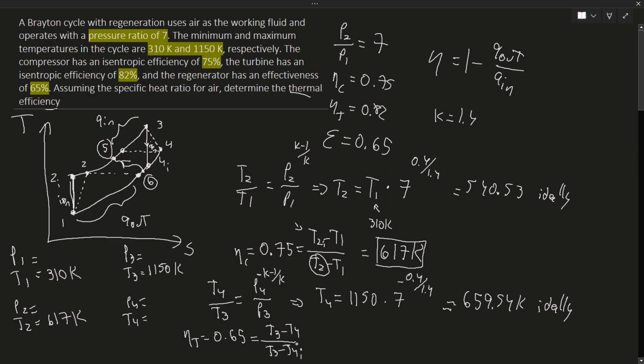We have T3 and we're looking for this, so with basic algebra you find the actual T4 to be about 748 Kelvin.